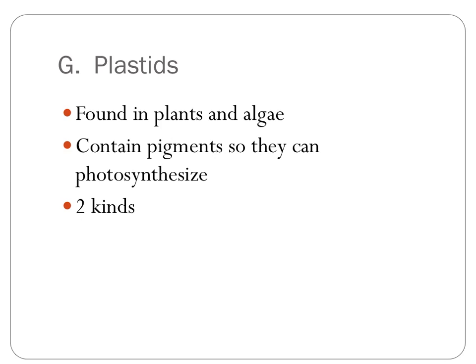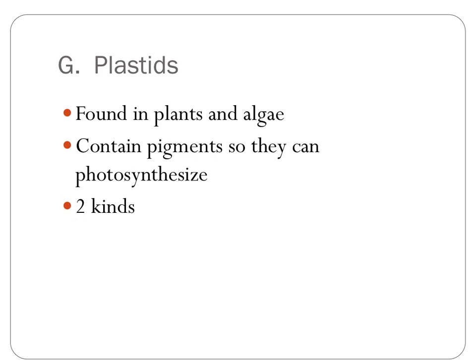So the mitochondria are found in all eukaryotic cells, plants, animals, doesn't matter. Plastids are only found in plants and algae, which algae are sort of the ancestors of plants. Does that make sense? They contain special pigments so they can do photosynthesis. So the plastids are where photosynthesis actually happens.